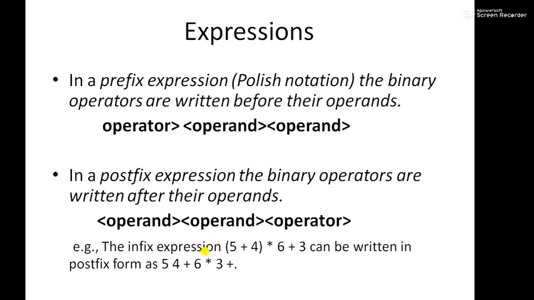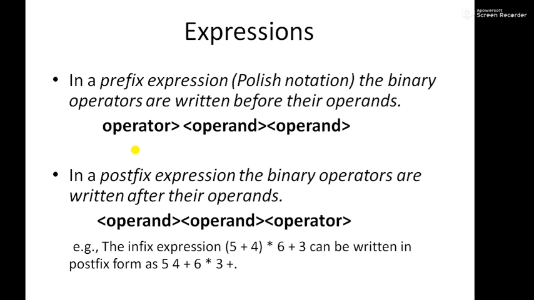Then the next expression is known as prefix expression, and also popularly it is known as the Polish notation, and this expression was designed or invented in around 1942 itself. In a prefix expression, the operator always comes before the operands.